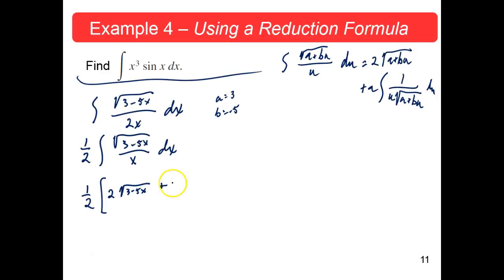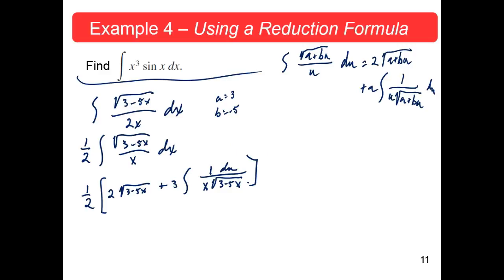Plus a, which is 3 in our case here, times the integral of 1 du over, and your u is x, on the square root of 3 minus 5x. Okay. Now, yay, what a big help that was.